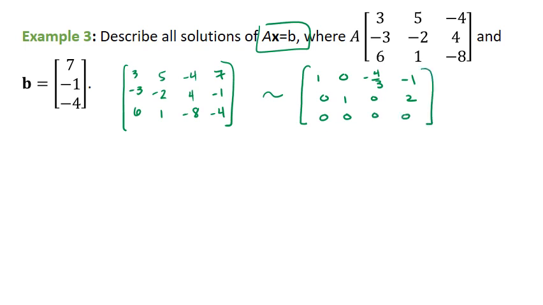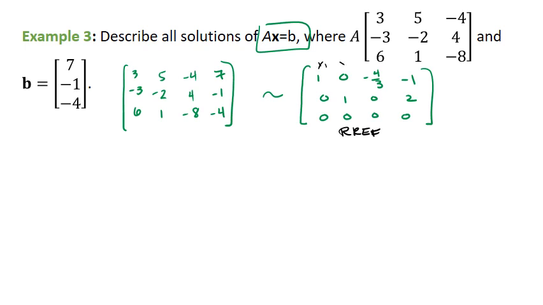Okay. All right. So here, once we get our matrix to reduced row echelon form, so it has to be in reduced row echelon form, then write it as that system of equations.